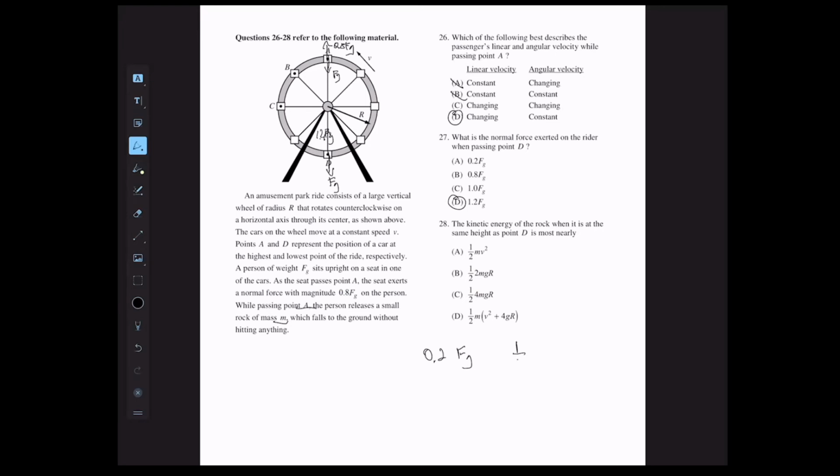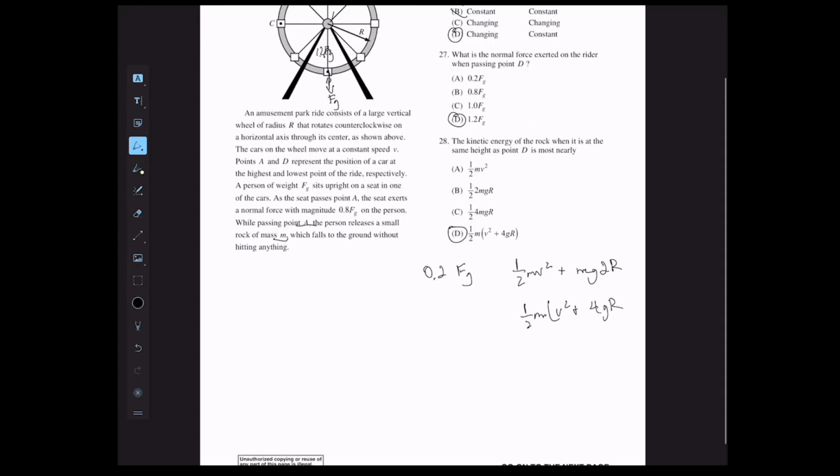Its kinetic energy is 1/2 mv squared, and its potential energy is mg times 2r. If you factor out a 1/2 m, you get v squared plus 4gr. That's D.